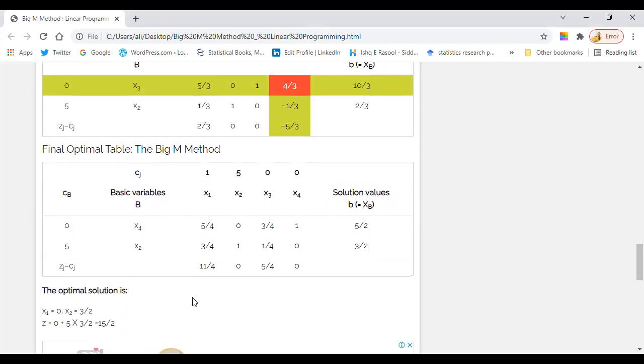Optimal solution means all the values of zj minus cj are positive or 0, so greater than or equal to 0. So x1 is 0, x2 is 3 by 2, and z is 0 plus 5 into 3 over 2, which is equal to 15 by 2.